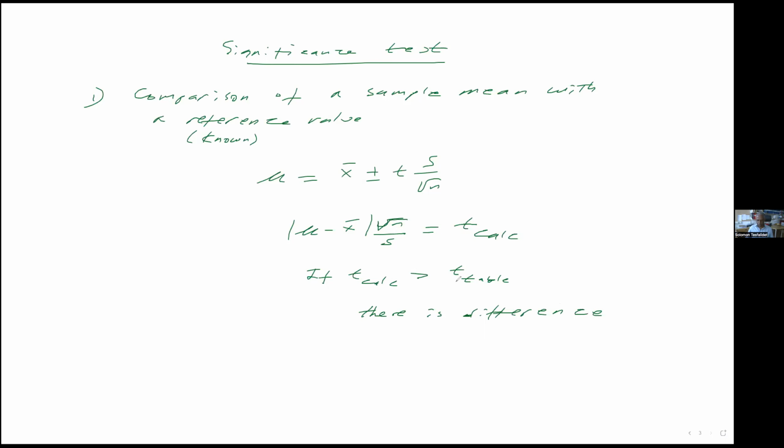But if it is lower, then it's okay. So there is a difference. What does this mean? The result which I get using my method does not give me the same value as the certificate value. So now I have compared my method using a reference material, and I can check if I get a good result on it. This is one way.